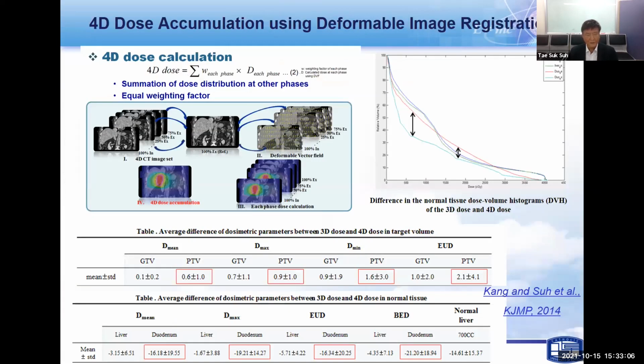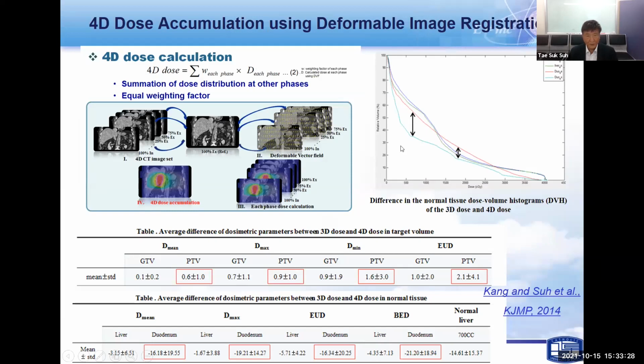And we investigated the usefulness of 4D planning compared to the 3D planning. And this shows the study to evaluate dose in the target and normal tissue using 3D and 4D dose planning for liver SBRT cases.